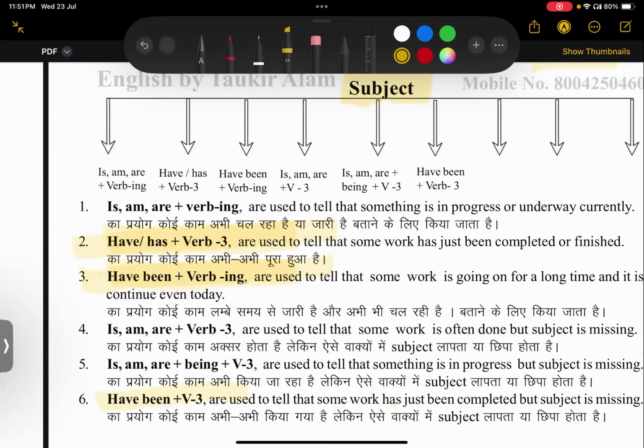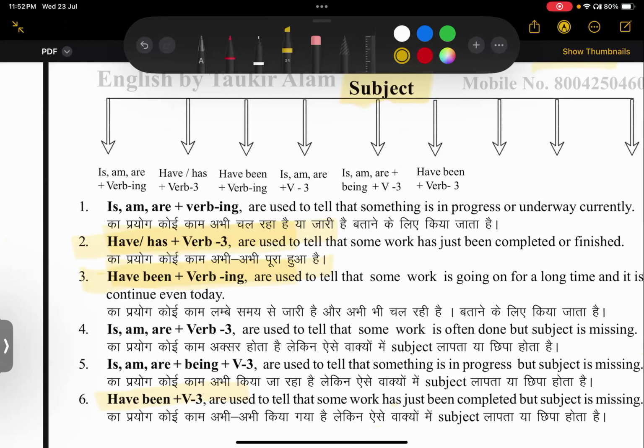Have you done? Good. Now I'm going to teach you have been plus verb in third form. When I start to teach have been plus verb in third form, generally many students get confused. Why?